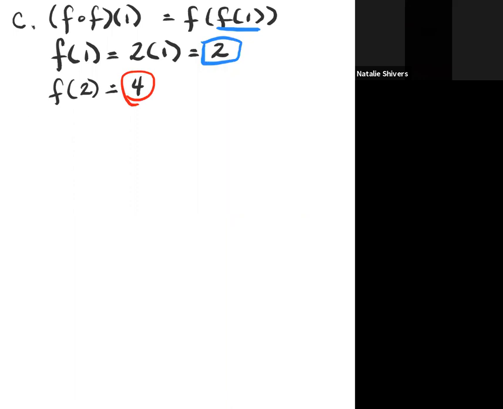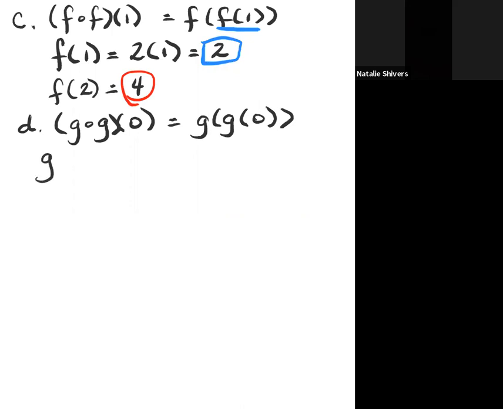And then they're going to also have you do g of g, this time of 0. So g of 0 equals 3 times 0 squared plus 1. Don't assume that it's going to be 0.